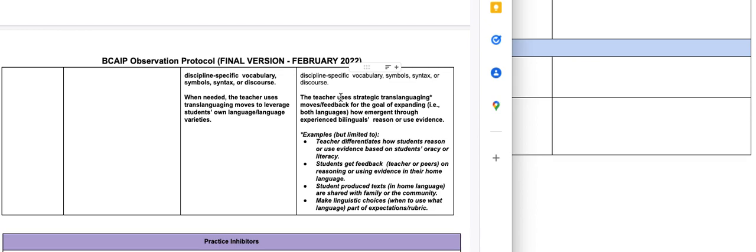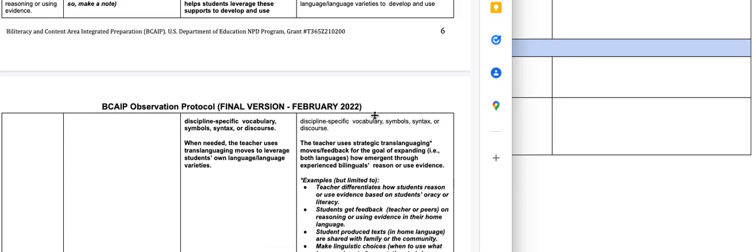So at a level 3, we're seeing much more explicit encouragement and scaffolding by the teacher to help students expand their multiple literacies, not just their disciplinary literacy and their English language literacy.